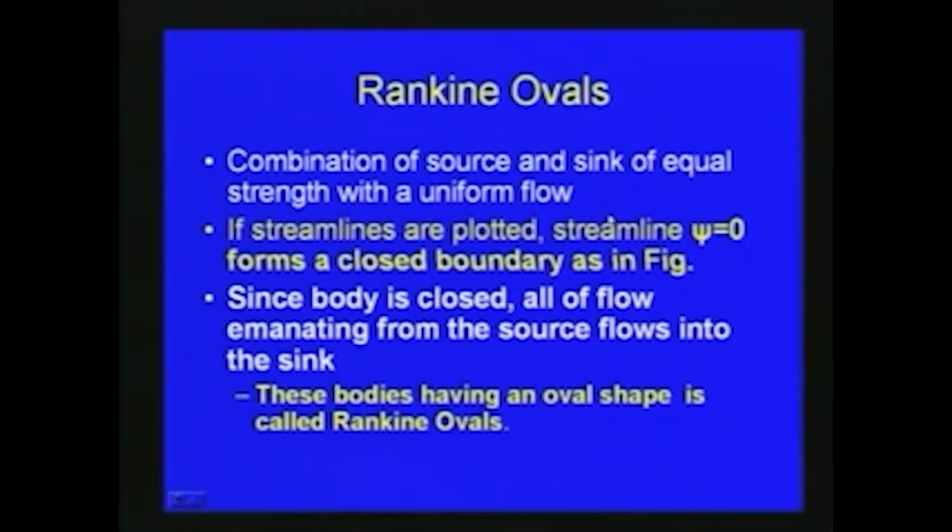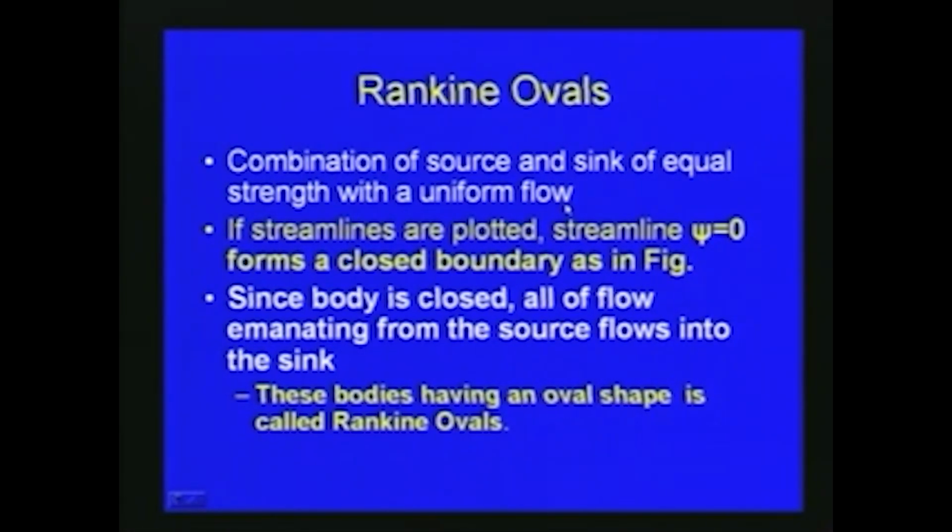Secondly, we will see another concept, the so-called Rankine ovals. This is also obtained by superposition of elementary potential flows. The Rankine oval is obtained by the combination of a source and a sink of equal strength with a uniform flow.